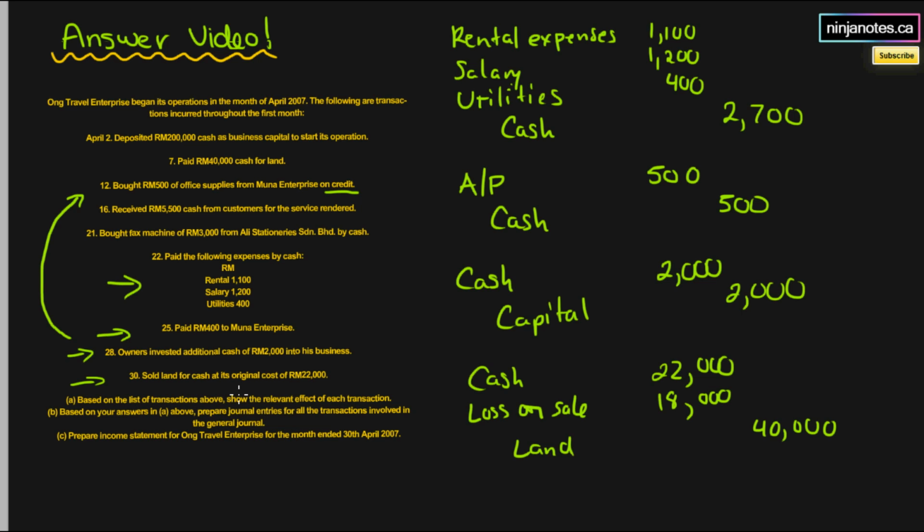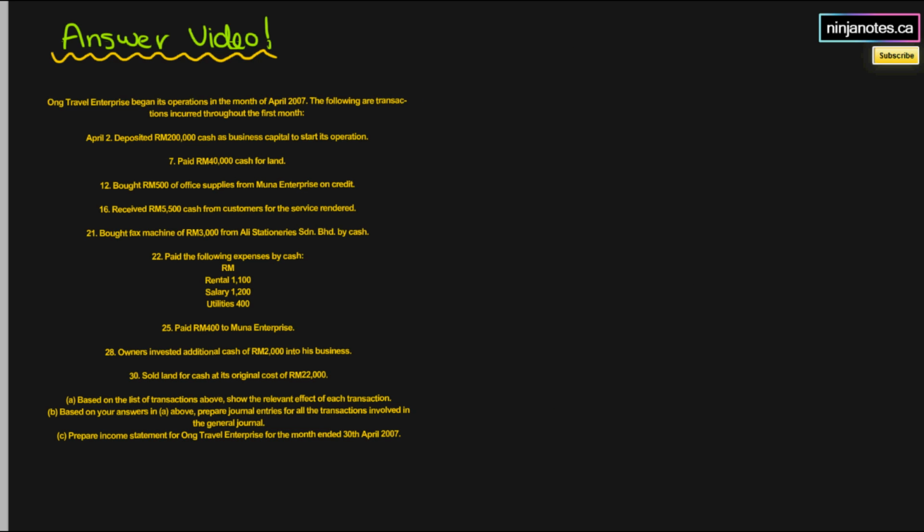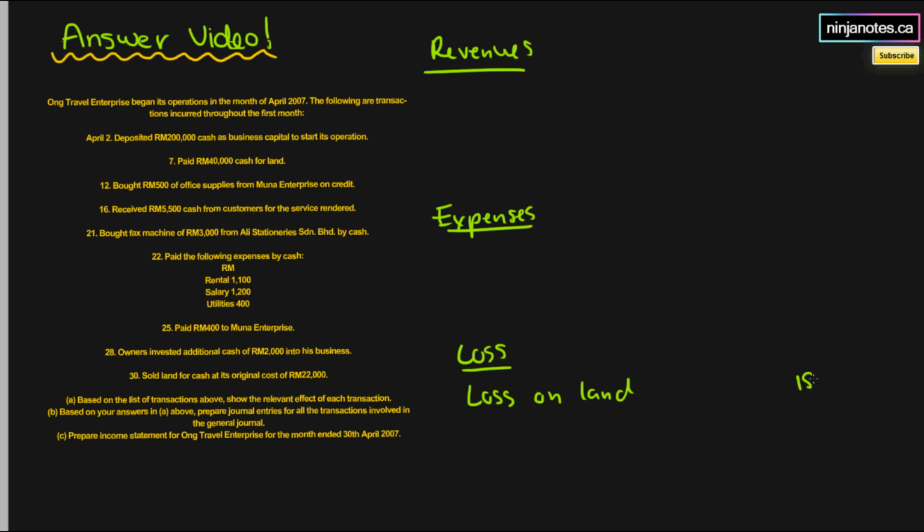So those are the transactions and essentially the journal entries. And let's go on to do our quick income statement, which should be very small since we did not have many revenues or expenses. So we have revenues, we have expenses, and we have a loss. So the loss on land, let's just put that down there right away, which is $18,000 loss.